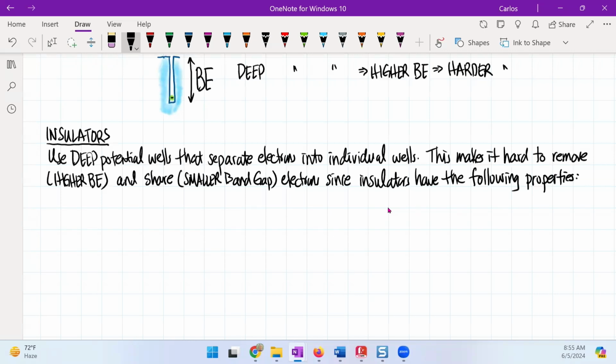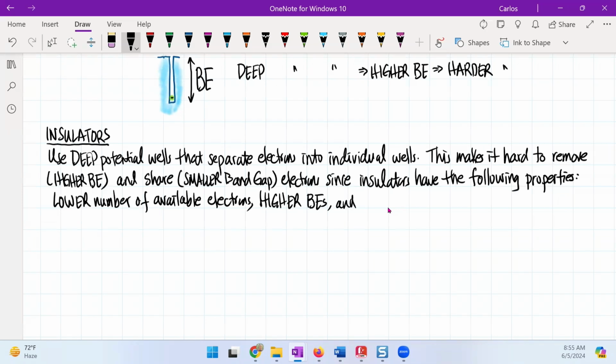They have a lower number of available electrons. They have higher binding energies, and they have a smaller band gap.